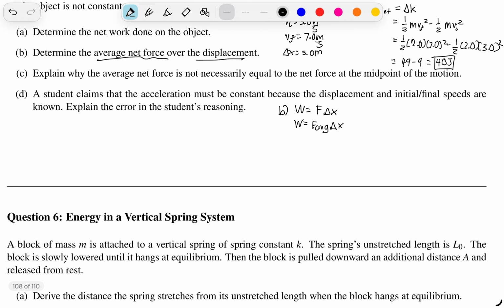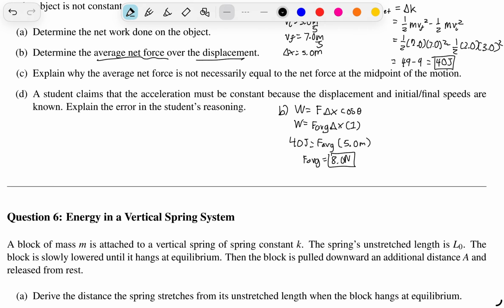We know that this is usually cosine theta, but this is just going to be 1 in this case because they're going to be on each other. So we have work done was 40 from our last question, and we have our average force. We know we moved by 5.0 meters, right? So then the average force is equal to 8.0 newtons.